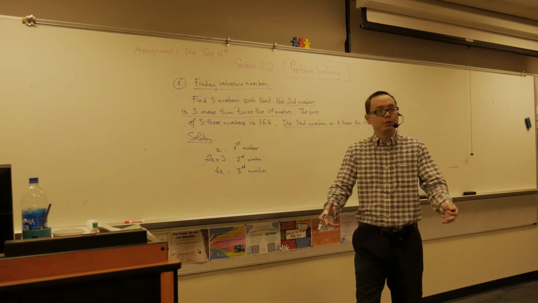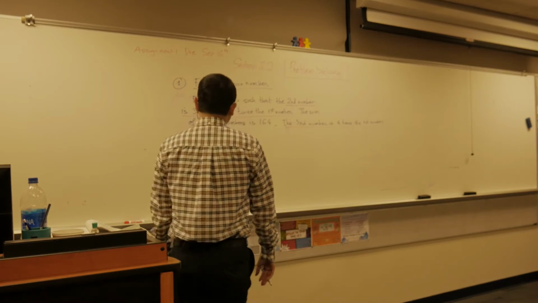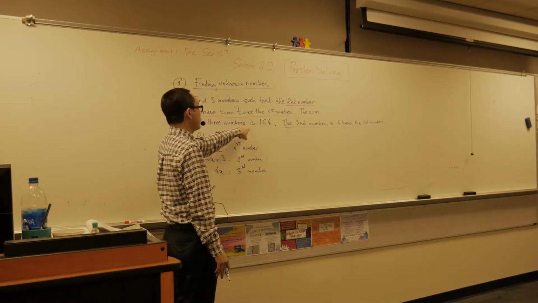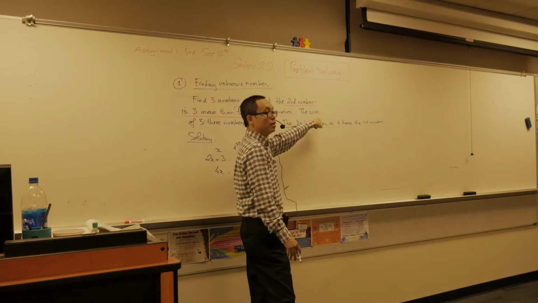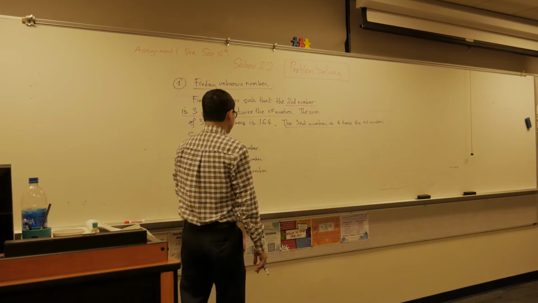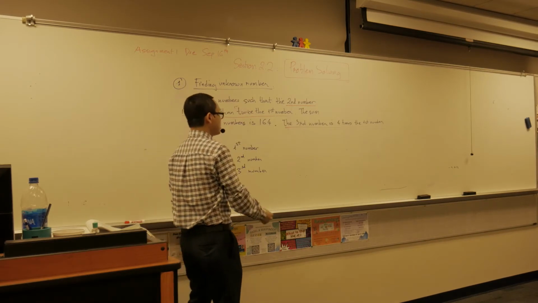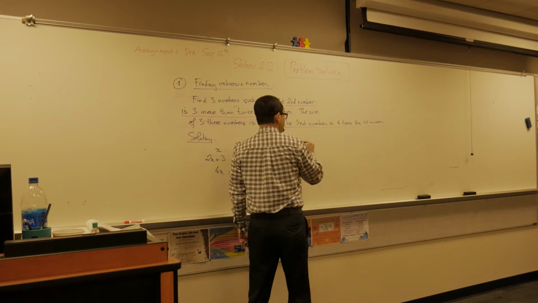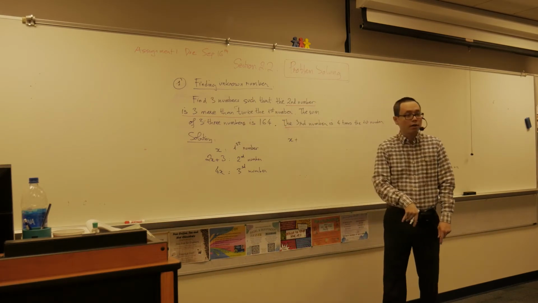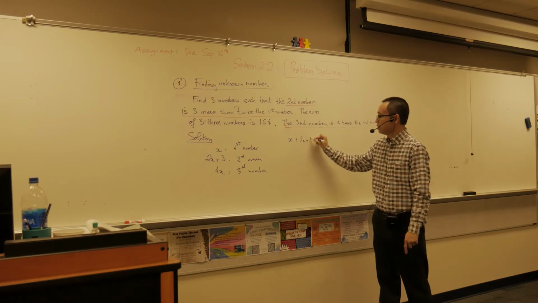Alright, so after you name the variable, we know that these three numbers added up, because the sum means addition, give you 164. So I'm going to add those three numbers together. The first one is x, right? Then I add the second one, 2x plus 3.